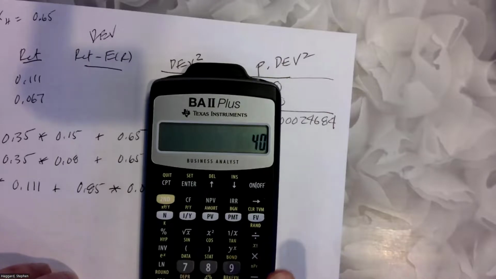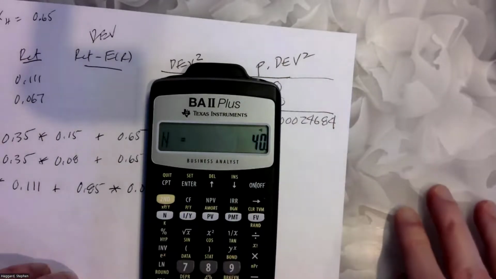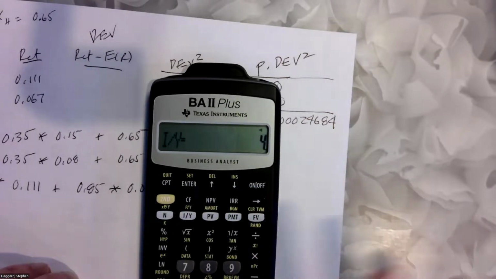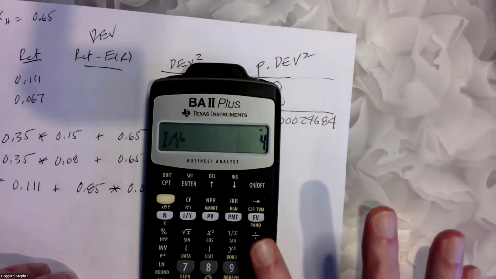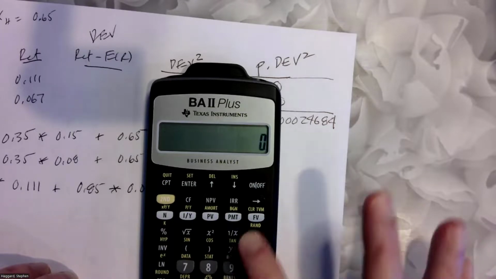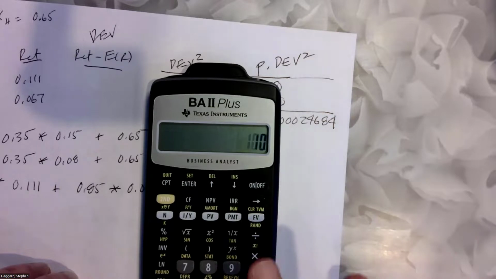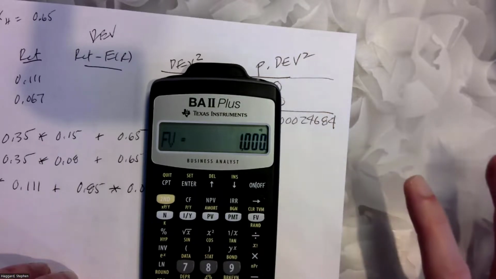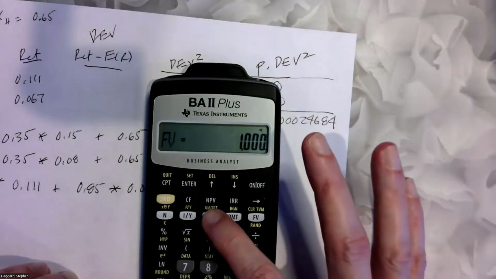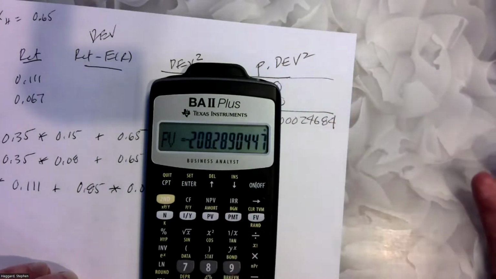I'm going to put in 40 for N. I'm going to put in 4 for I per Y. I don't have to put anything in for the payment because there is none. But if you wanted to, you could just say 0 payment. And we know 1,000 future value, and then we could compute the present value.